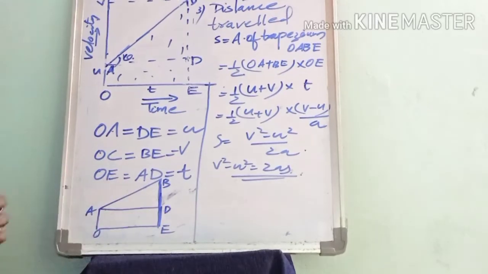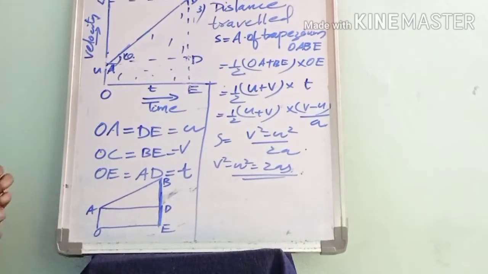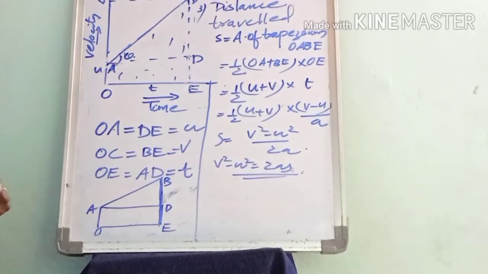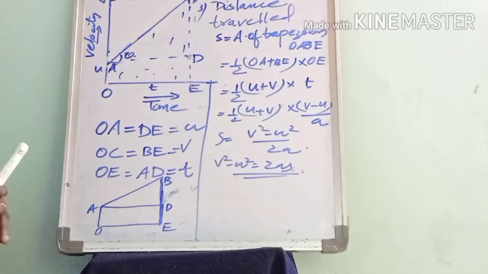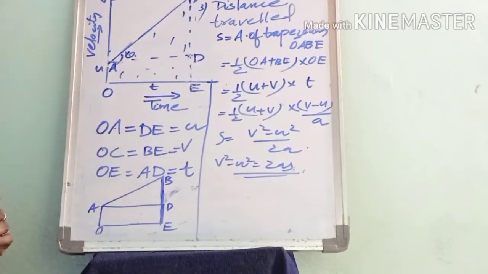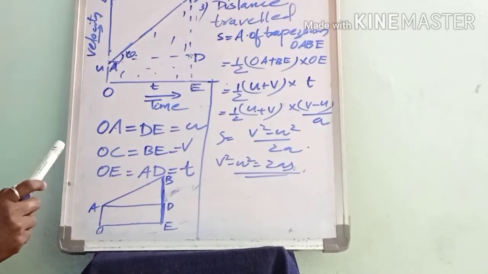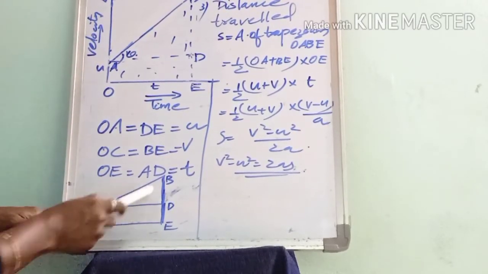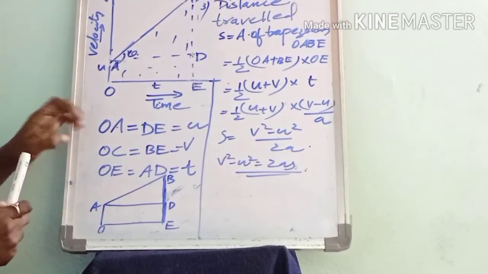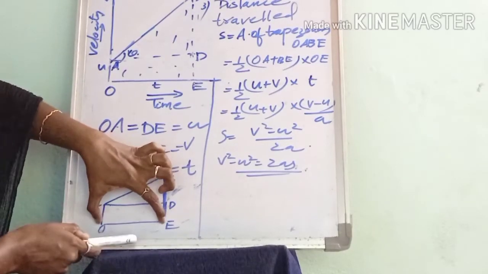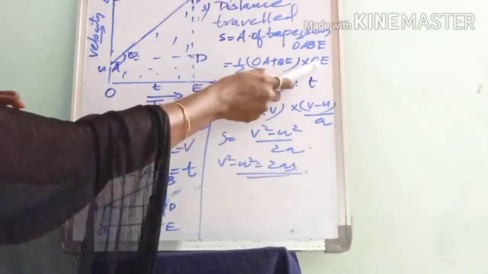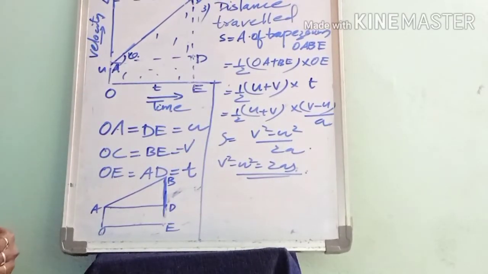The area of the trapezium is the sum of opposite sides, here OA and BE, so OA plus BE, divided by 2, into the distance between the sides. The distance between these two sides is OE.